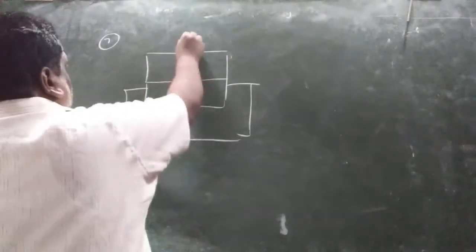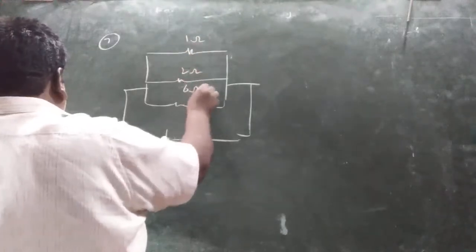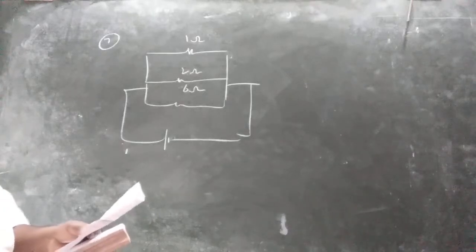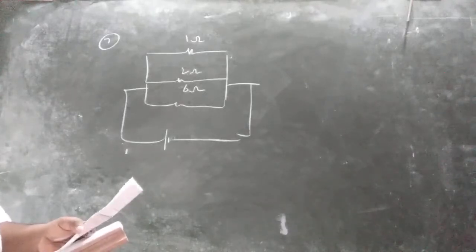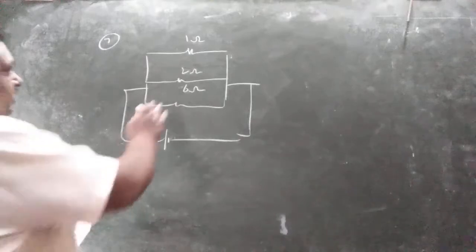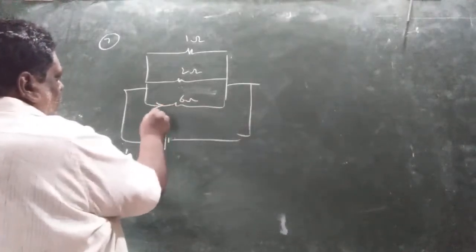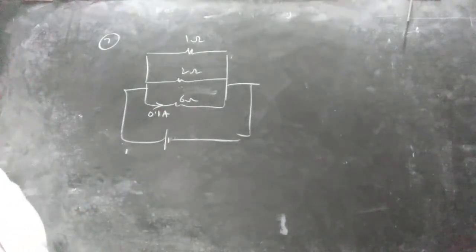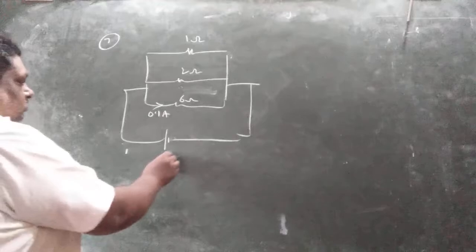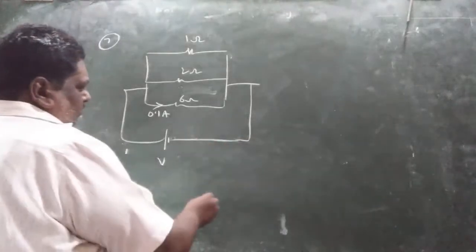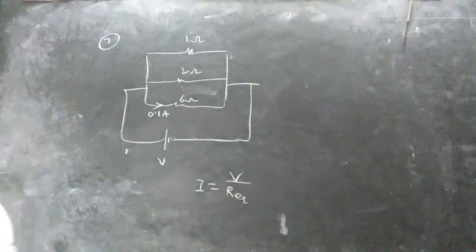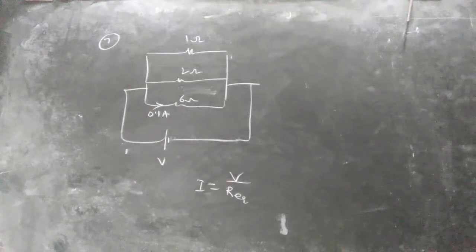If a current of 0.1 ampere flows through the 6 ohm resistor, what is the total current drawn by the combination? Here you can find total current as total voltage by total resistance. But the total voltage we don't know. Total resistance of course you can calculate.